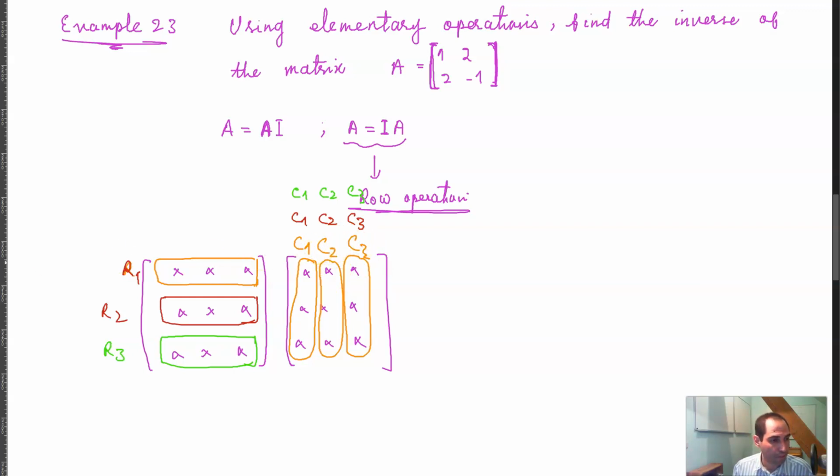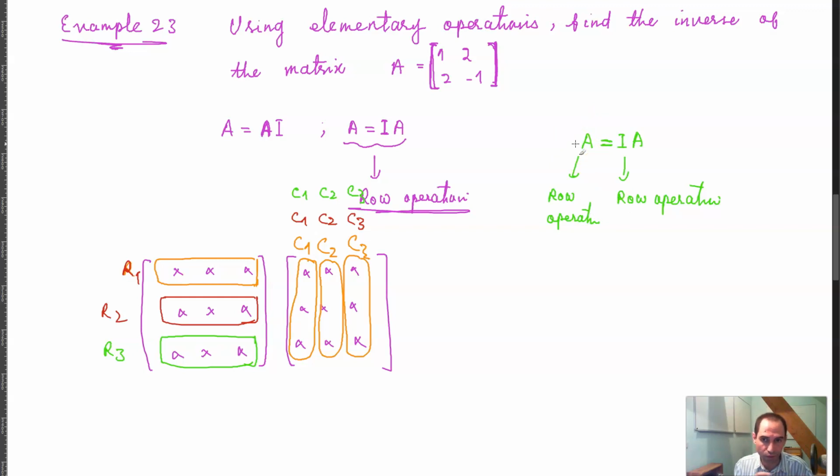Now, having that in mind, when I have my equation in the form A is equal to IA, I can do row operations on this matrix. I can do row operations on this matrix because it's a matrix which is left alone.